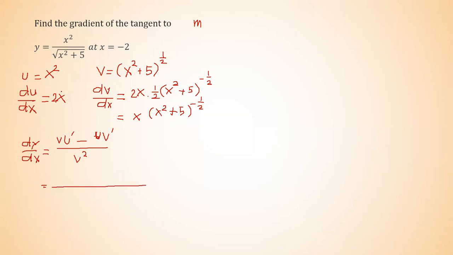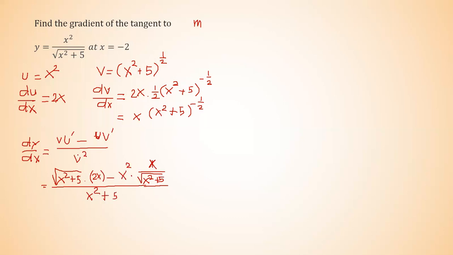It becomes v, which is the square root of x squared plus 5, times 2x, minus x squared times x over the square root of x squared plus 5, over x squared plus 5.